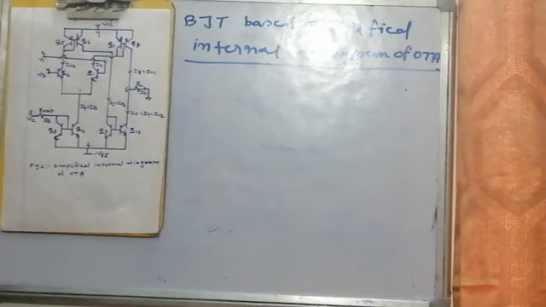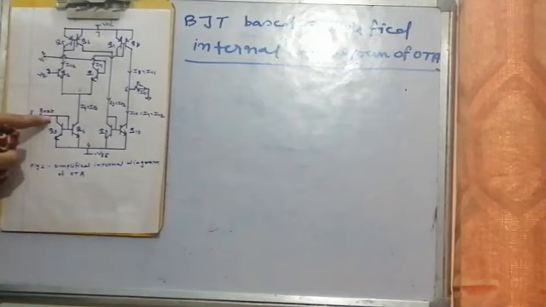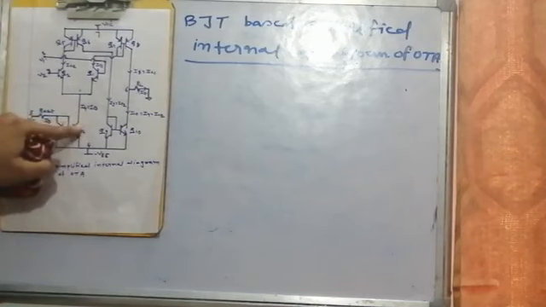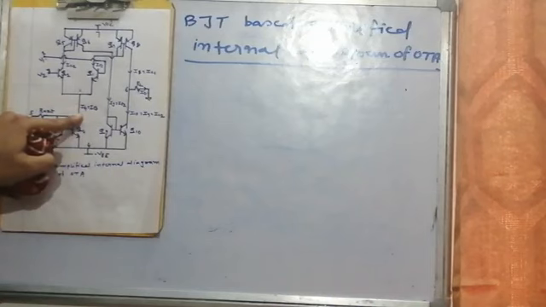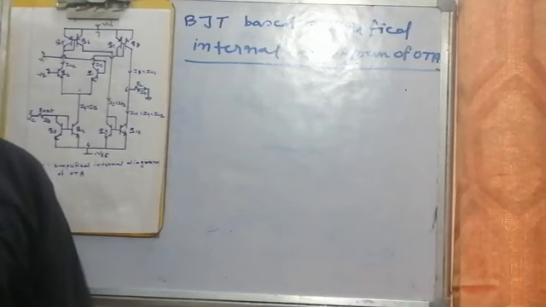And we know the basic concept of current mirror. What is the meaning of current mirror? Basically, current mirror replicates the value of current from one transistor to another transistor. For example, suppose the current flowing in this branch is IB, it means the same current will flow at the collector end of the second transistor if the value of beta is infinite.